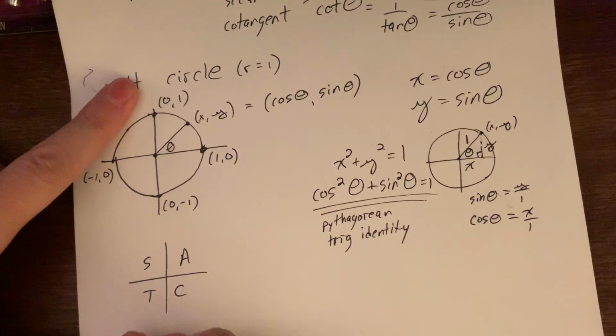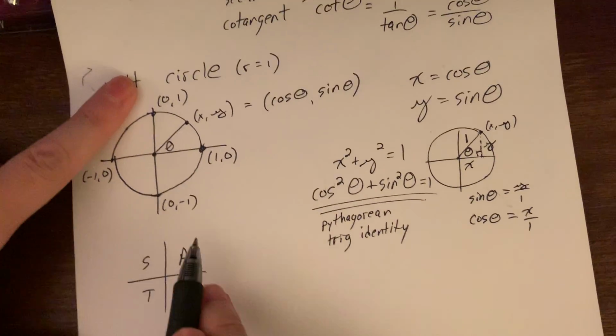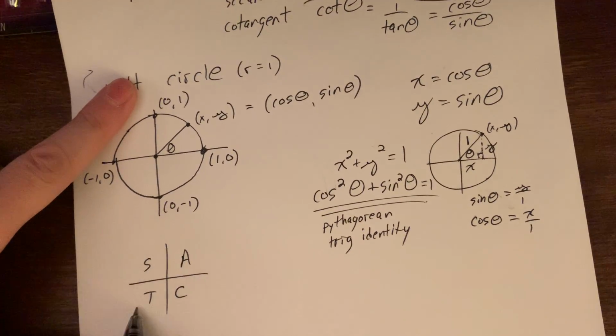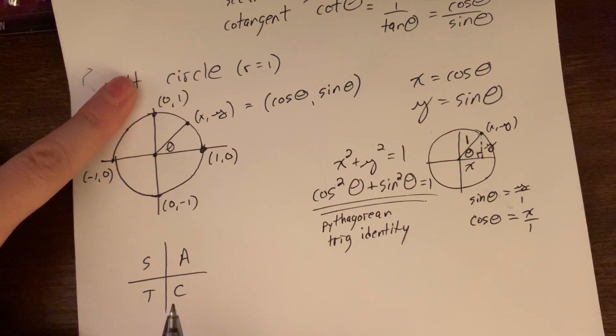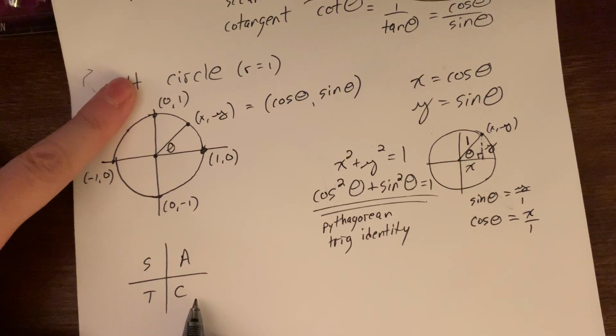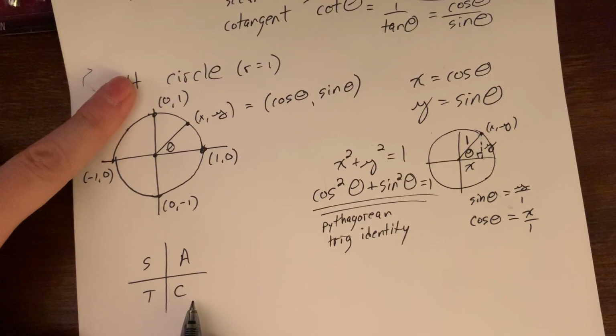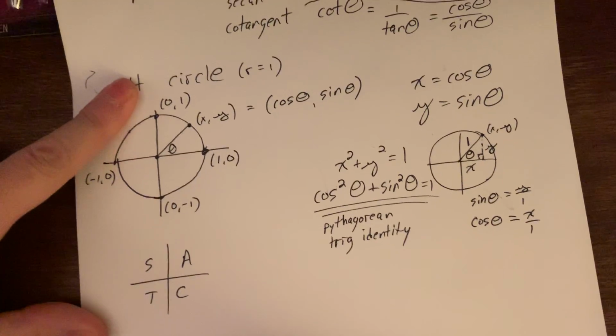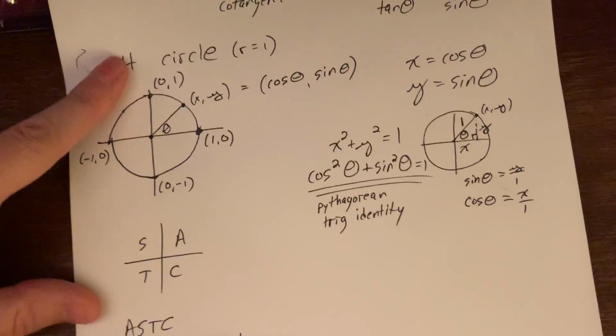ASTC. When you use this acronym, you have to fill it in the right order, starting with quadrant 1, 2, 3, and 4. It's supposed to give us a hint which trig functions are positive in the respective quadrants.